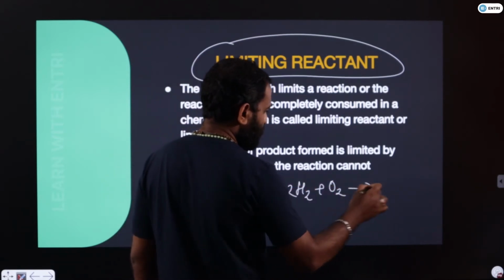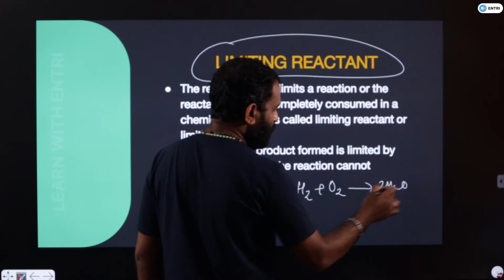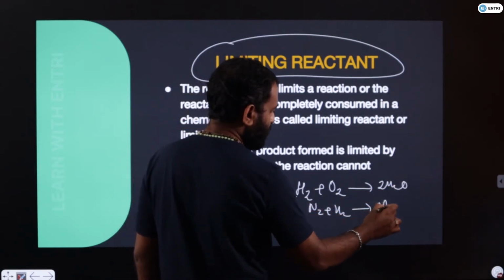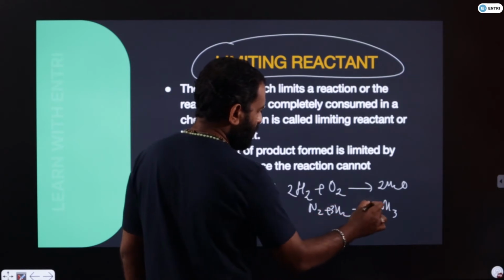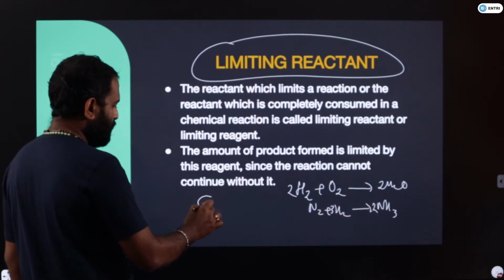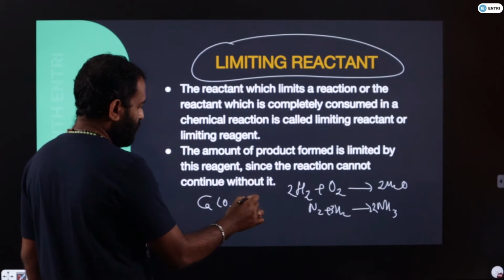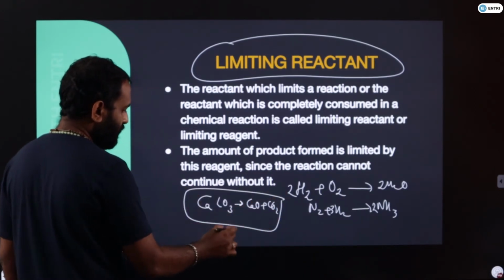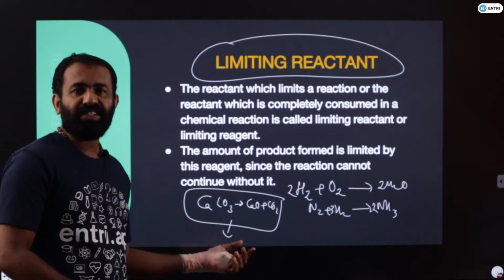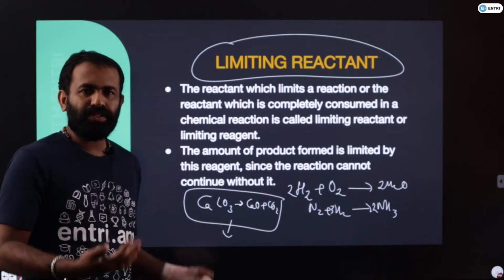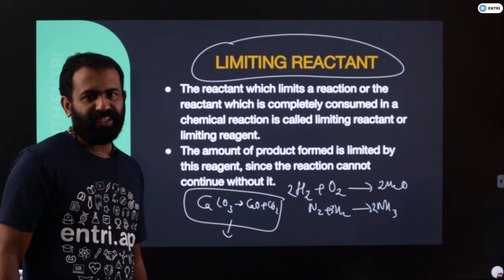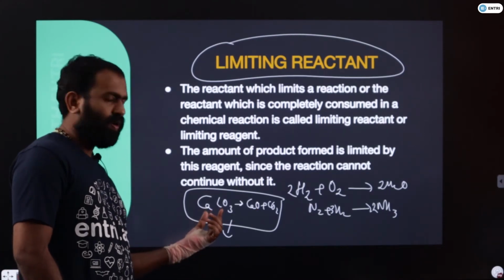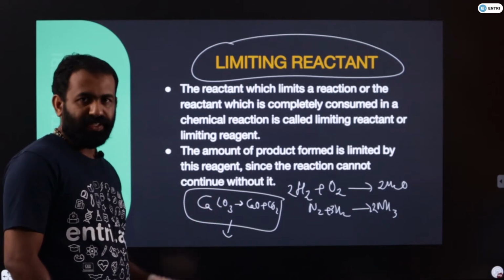Suppose 2H2 plus O2 gives 2H2O, or N2 plus 3H2 gives 2NH3. Then suppose CaCO3 gives CaO plus CO2. Here there is only one reactant, calcium carbonate. In this case, there is no limiting reactant and no excess reactant, because the amount of product depends only on the amount of calcium carbonate.